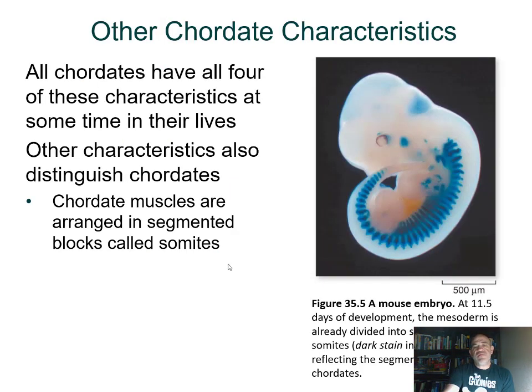So here's an image of a mouse embryo. Doesn't look much different than a bird embryo or a dog embryo or a human embryo very early on. But you can see the somites there that are forming. These are the segments of muscle that are starting to form along the trunk of the body in this 11-day-old embryo.